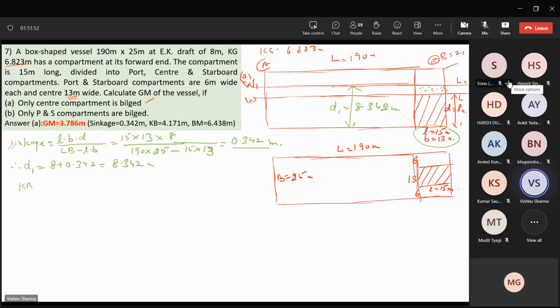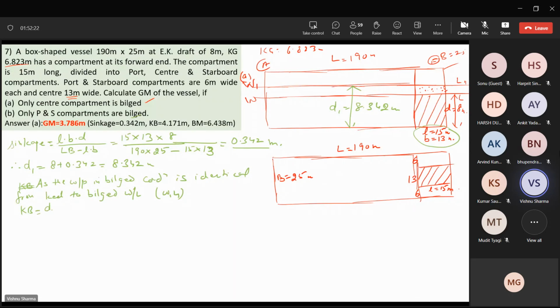So KB, let me write, as the water plane in bilged condition is identical from keel to bilged waterline W1L1.